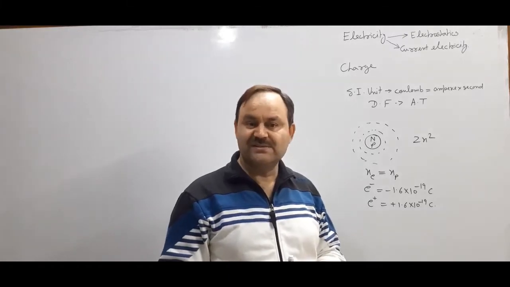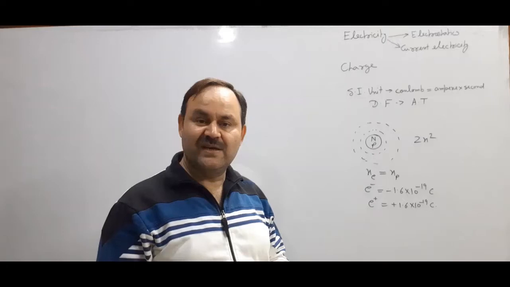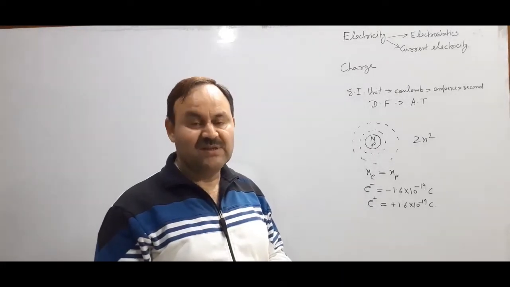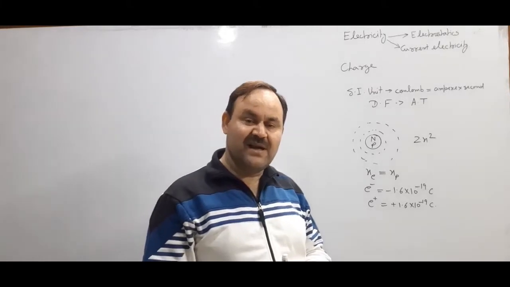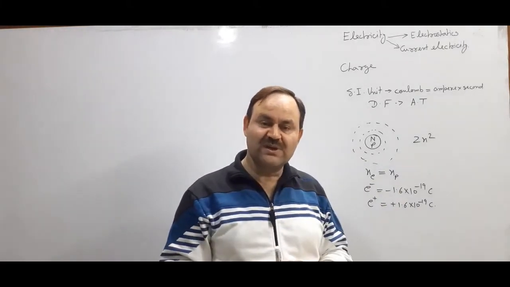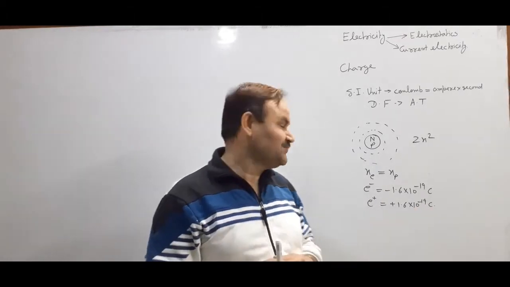To create charges on the bodies, we will have to create a difference in the number of electrons and number of protons in that body. To create that difference, either we will have to migrate electrons from one body to another or protons from one body to another.